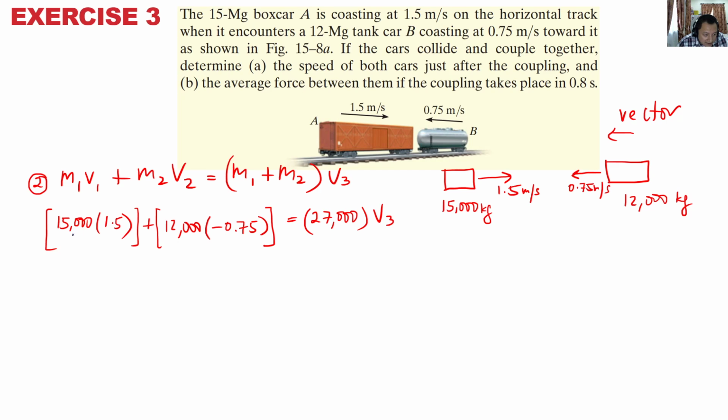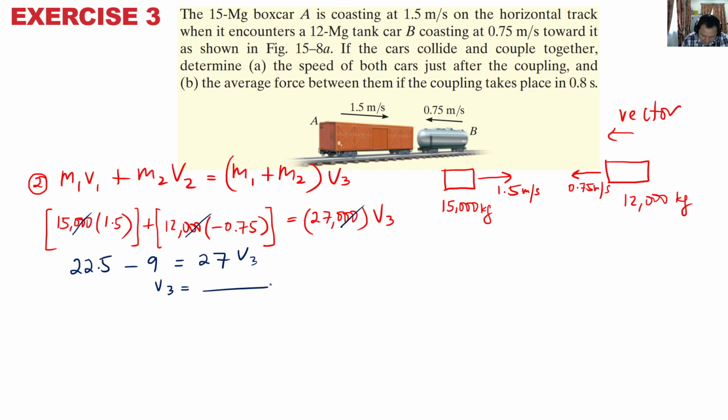So 15 times 1.5 is 22.5, plus 12 times negative 0.75, which is minus 9, equals 27 V3.